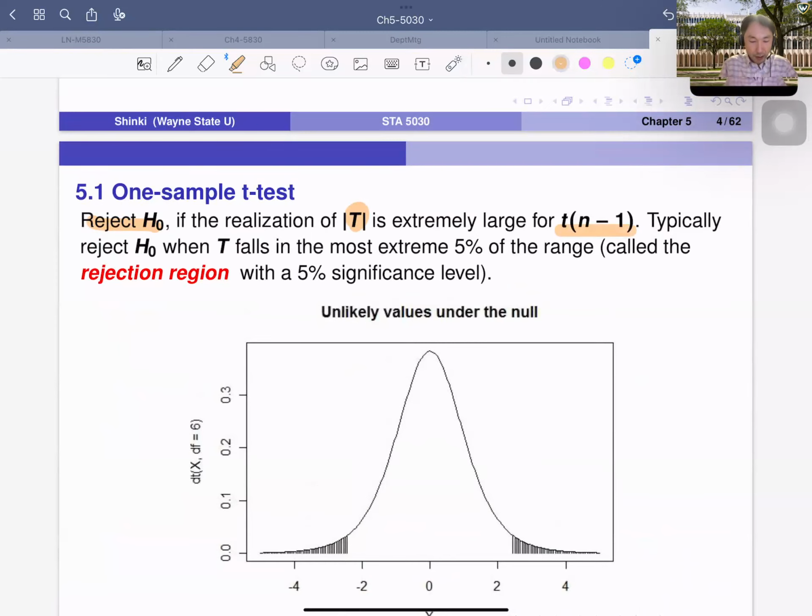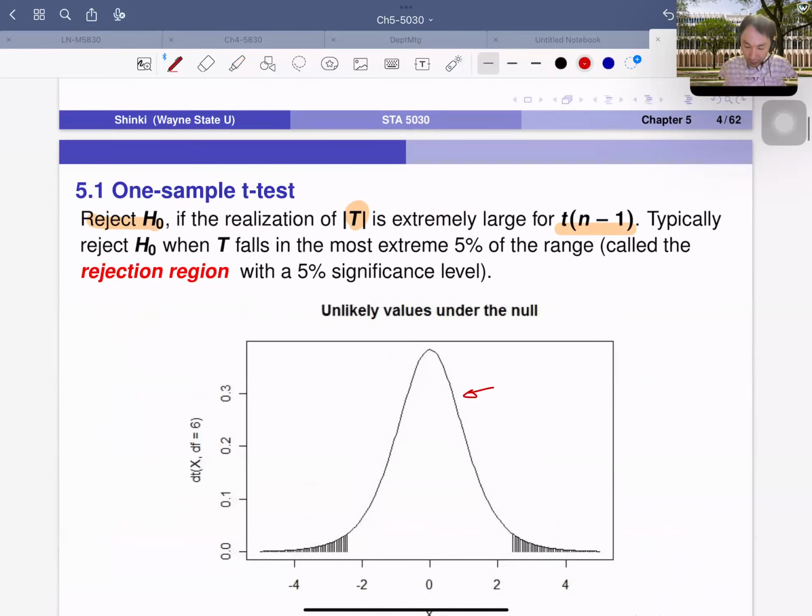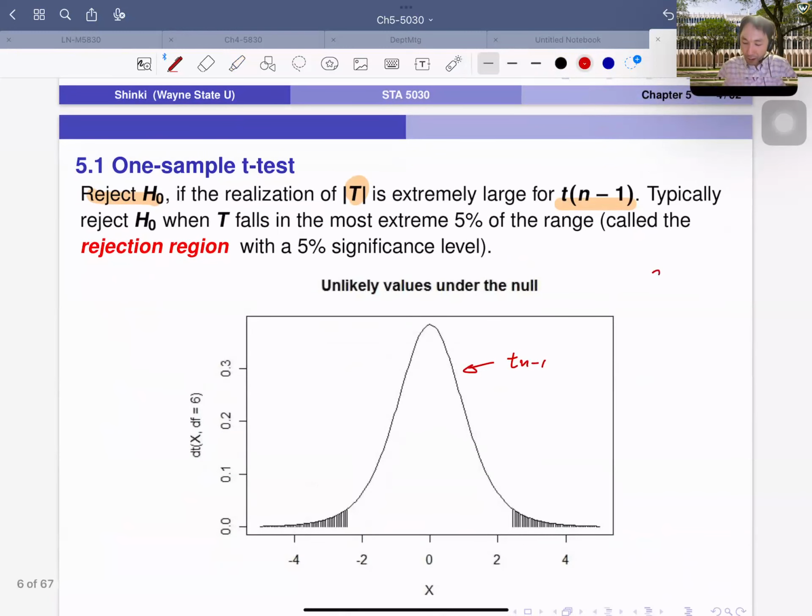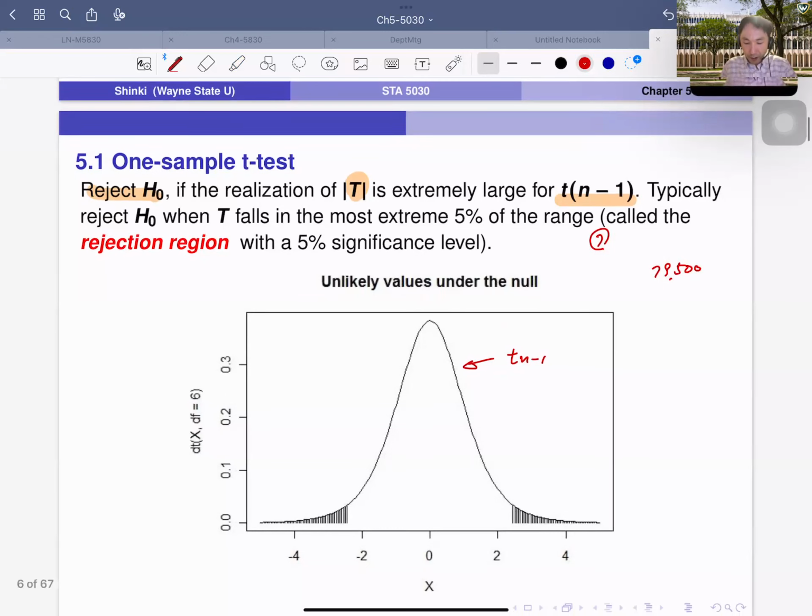So this is the T distribution with df n-1. If the null hypothesis is true, the average salary from a specific department, where we have 7 observations, then in the long run, if the average math PhD salary is 79,500 at that university, the T statistic follows this distribution.